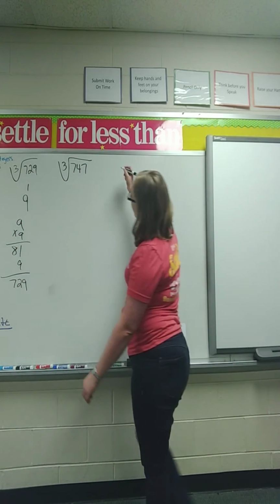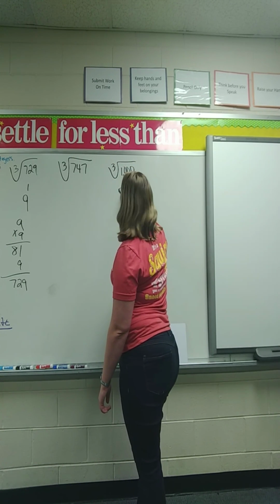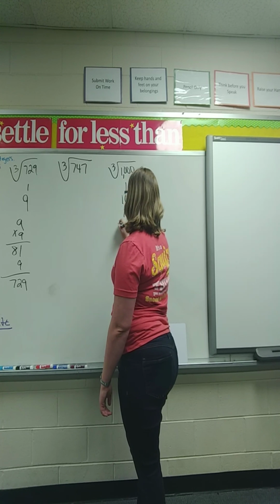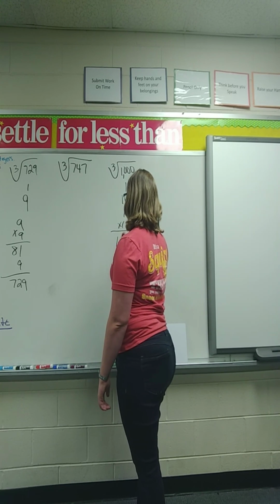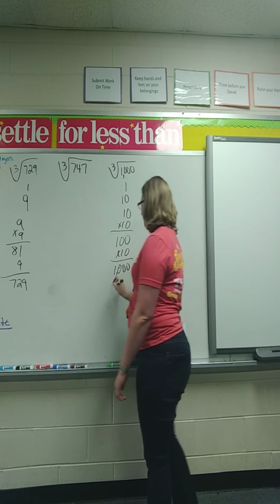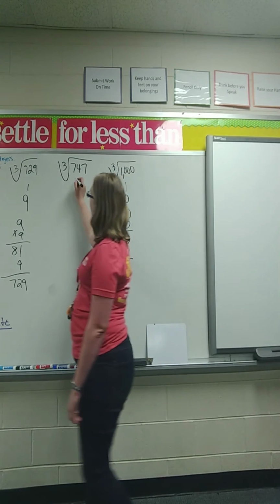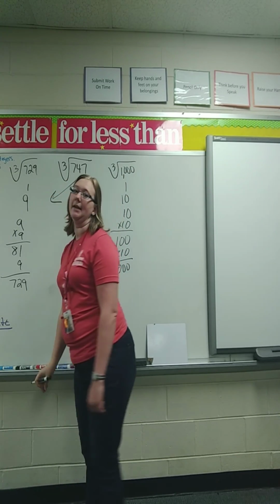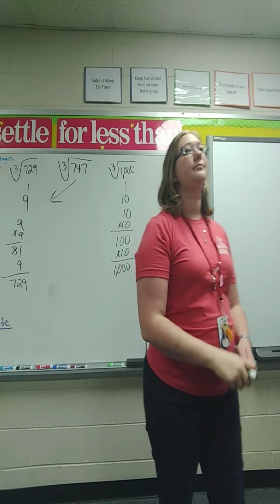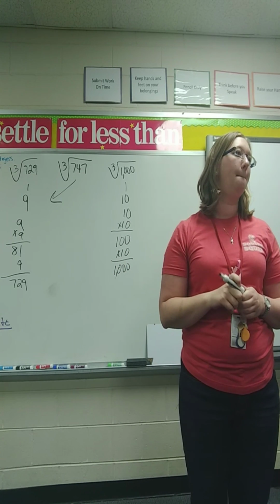Yeah, you're right. And the cube root of 1,000 is 10. 10 times 10 is 100. Times 10 is 1,000. All right. Is 747 closer to 729 or 1,000? 729. So it's going to be closer to 9.